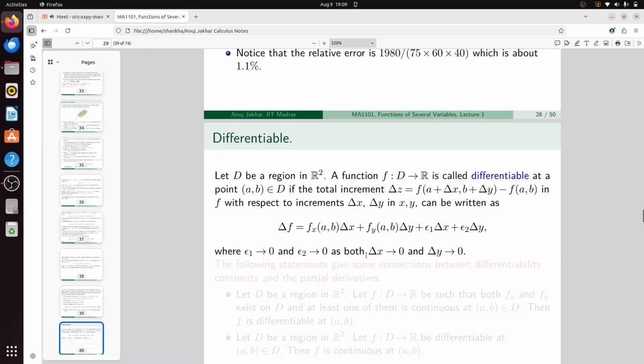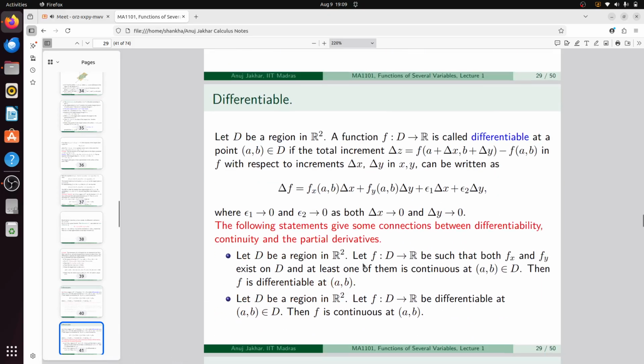Now I will move to the most important part, that is differentiability. Let D be a region in R2.